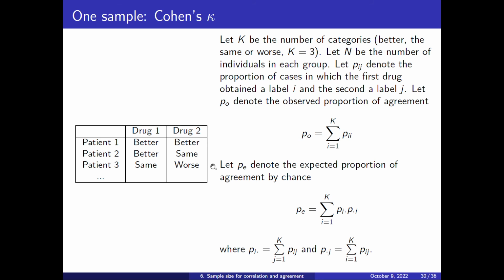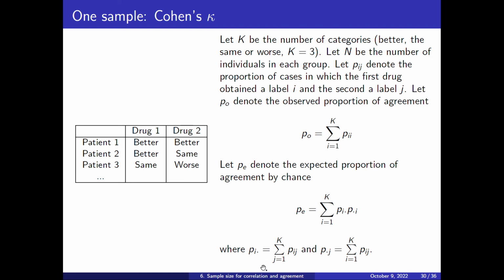And then if these two evaluations are independent, then the expected proportion of agreement, just by chance, would be Pi dot times P dot I. So what is Pi dot? Pi dot is the sum of Pij, where we sum over J. That is why J is substituted by a dot, and P dot J is the opposite, so we sum over I. For instance, Pi dot would be better, better, better, same, better, worse.